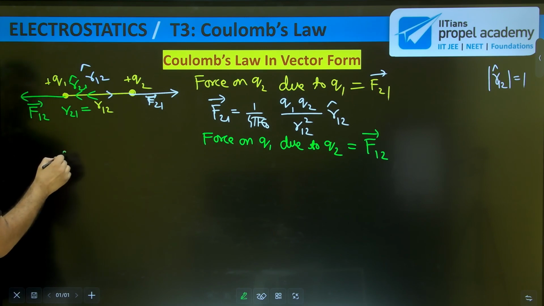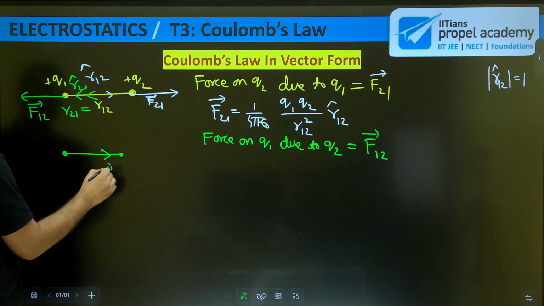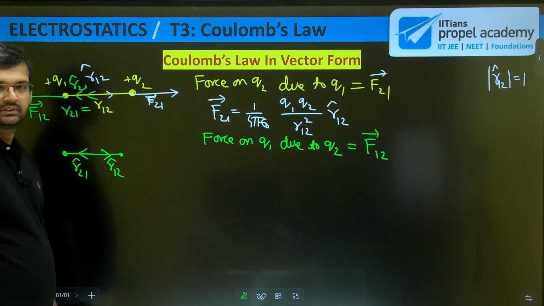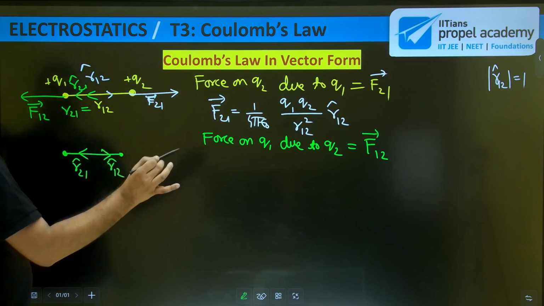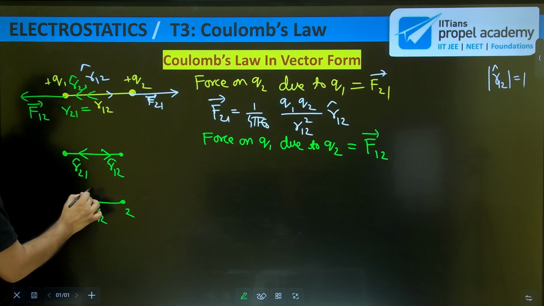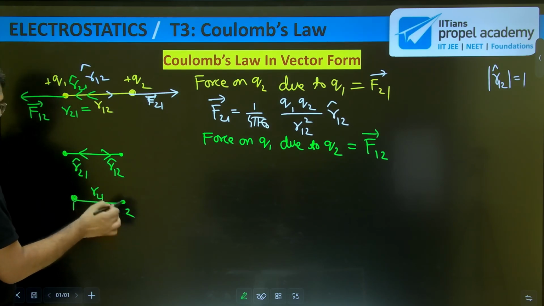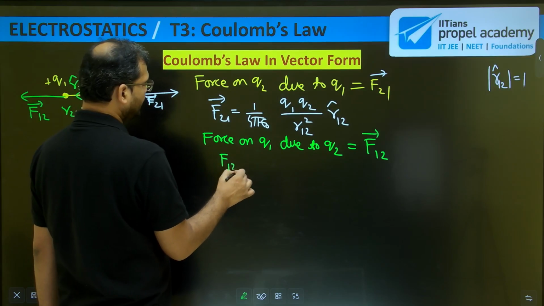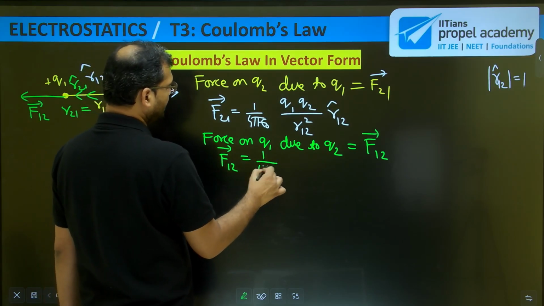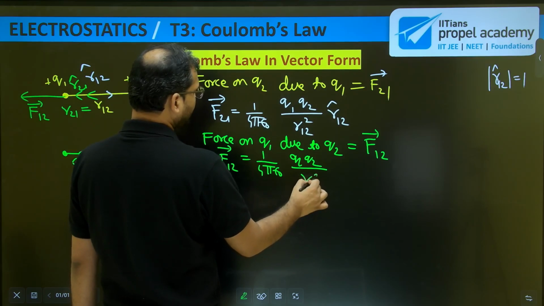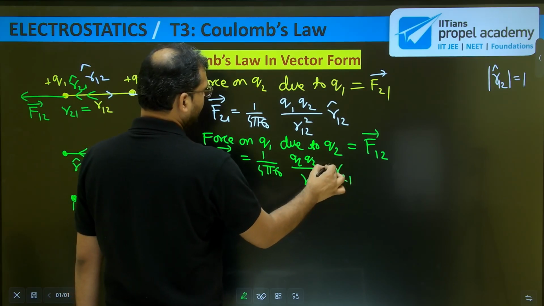Okay. So what exactly am I doing here? This way I wrote R12 cap, and this way I wrote R21 cap, in different directions, and the distance between 1 and 2 is the same either way. R12 is the same as R21 because the distance between 1 and 2 or 2 and 1 is the same. So I can write F12 bar equals 1 by 4 pi epsilon naught Q1 Q2 by R21 squared, then R21 cap.